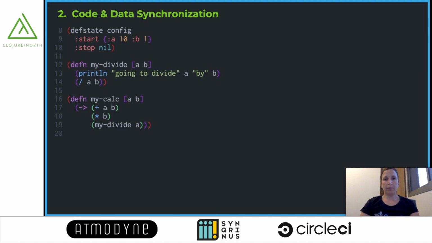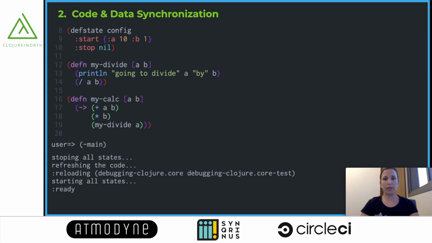So back to the example, we will now run the main function, and we can see that it's stopping all the states, then refreshing the code and reloading the updated namespaces to the REPL. After it's finished, we start all the states again and get our updated data.